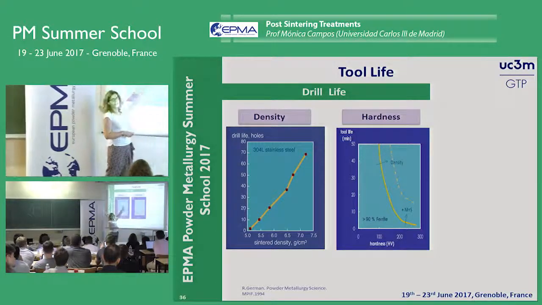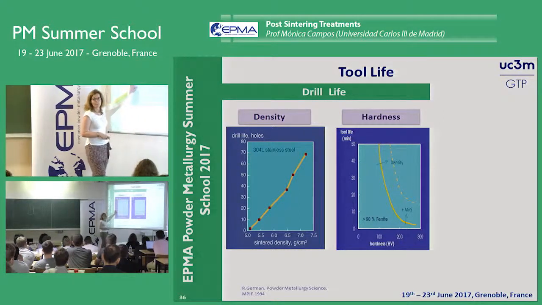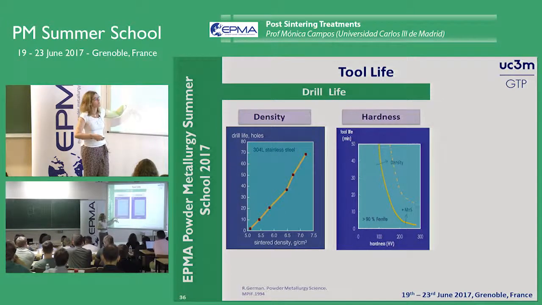If we increase the density, we are going to increase at the same time the cutting tool life. Okay? In that case, well, a stainless steel is more friendly than maybe the low alloyed steel for cutting.